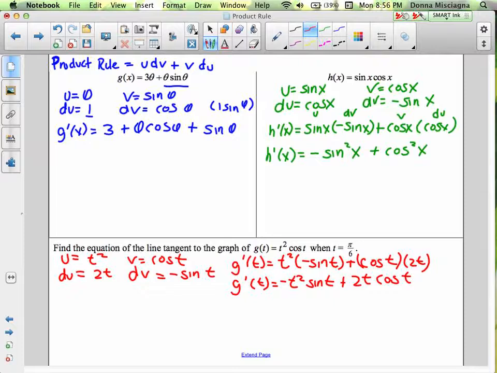And so we're going to evaluate when t is pi over 6. That'll give us the slope of the tangent line.